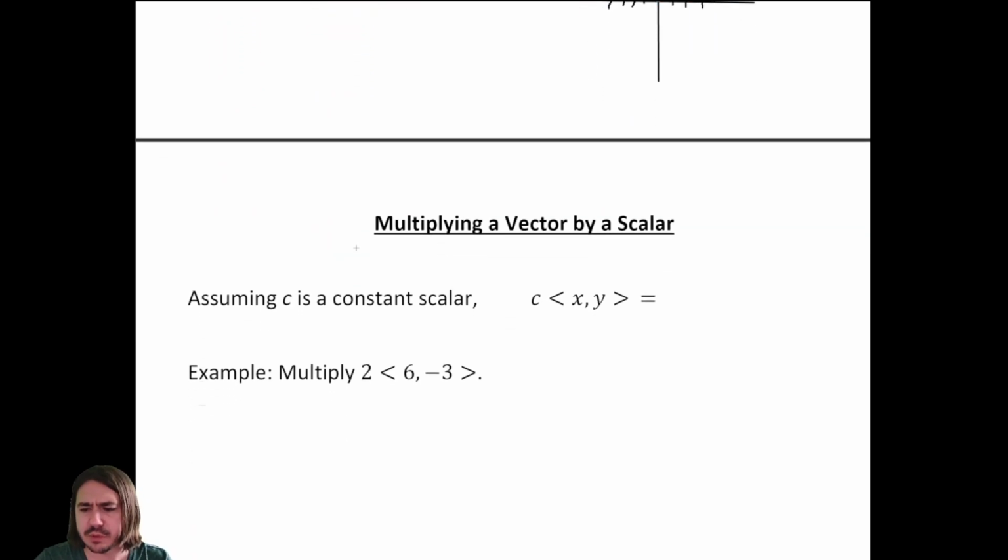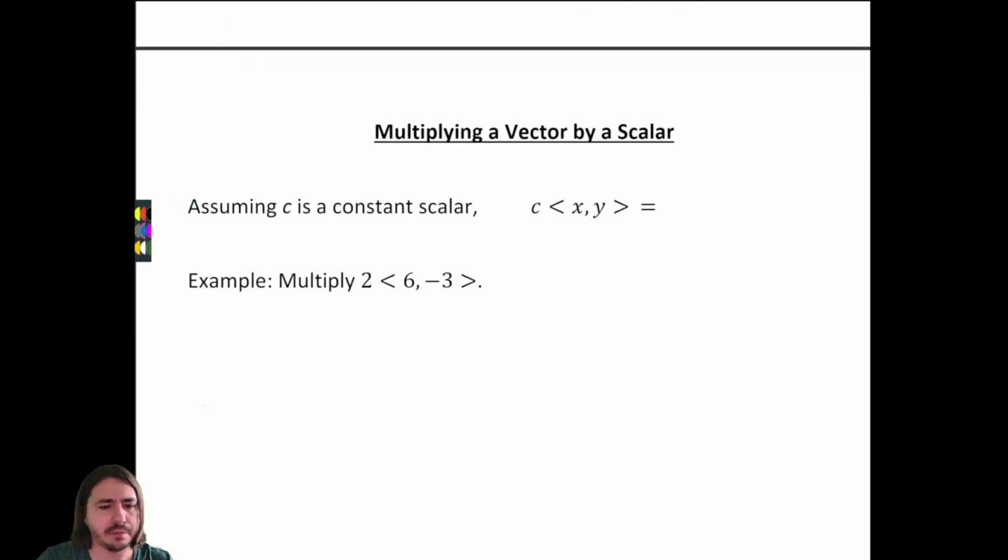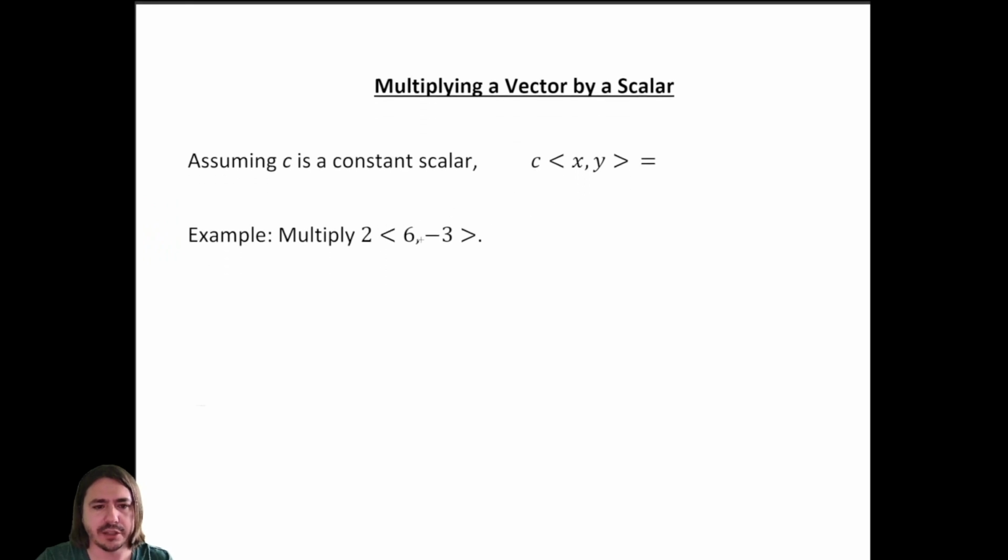Let's say you wanted to multiply a vector by a scalar, meaning a single number, not a vector. Like if I just want to multiply 2 times <6, -3>, this works just how you might suspect. We use the distributive property and multiply the scalar by each component of the vector.